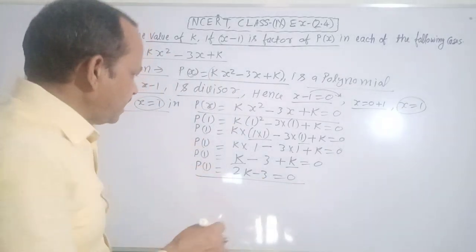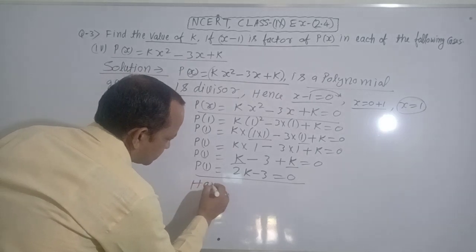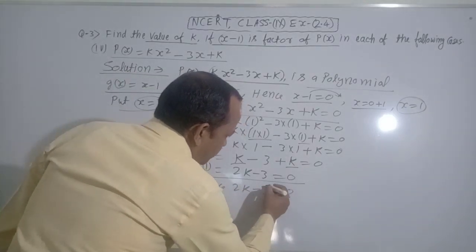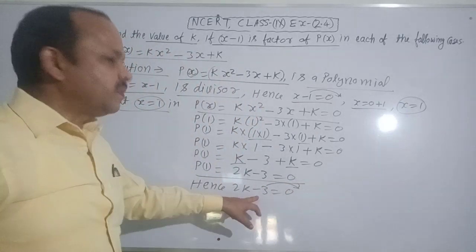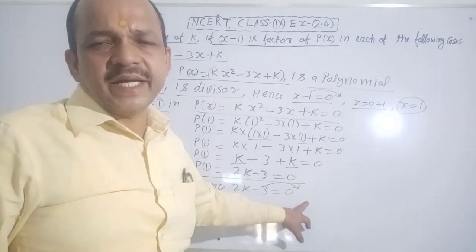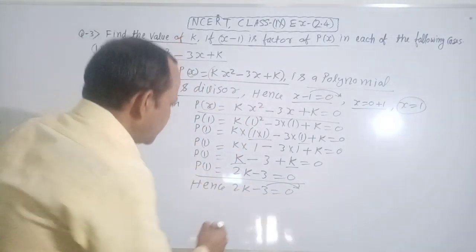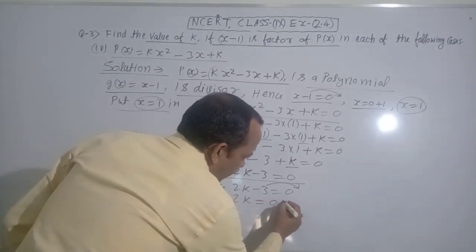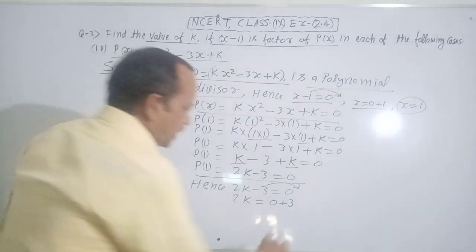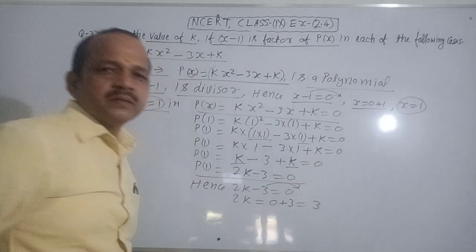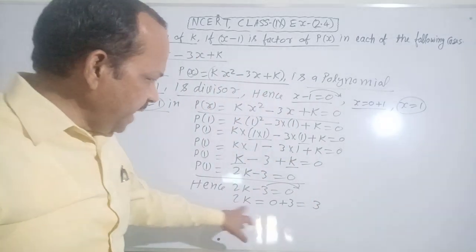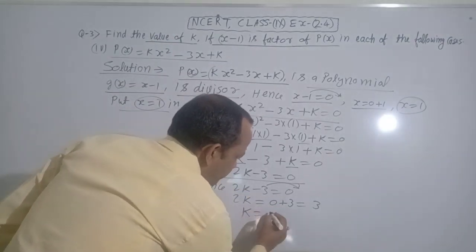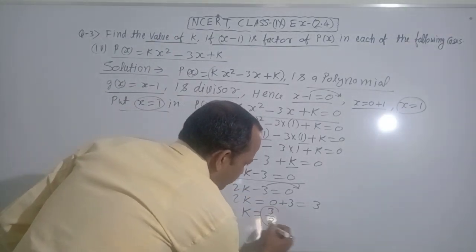You find 2k minus 3 equal to 0. Is it clear? Hence 2k minus 3 equal to 0. You can write minus 3 on the right side of equal. It becomes 2k equal to 0 plus 3 equal to 3. Clear? 2k equal to 3. Hence k equal to 3 by 2.